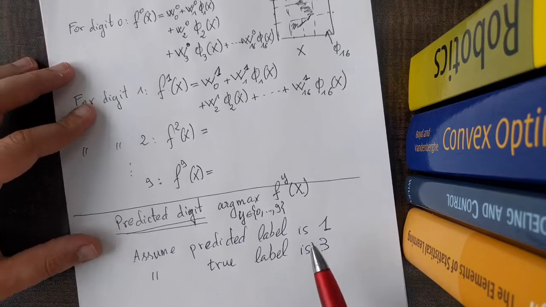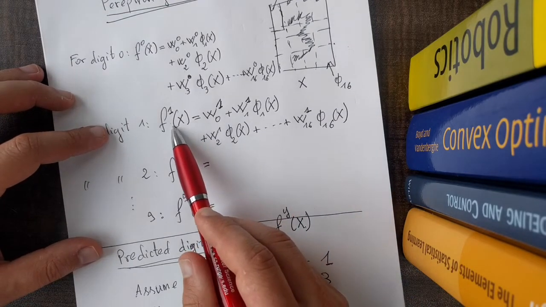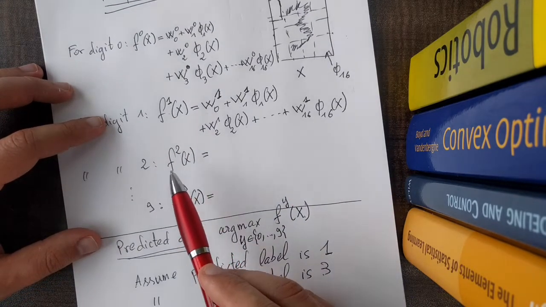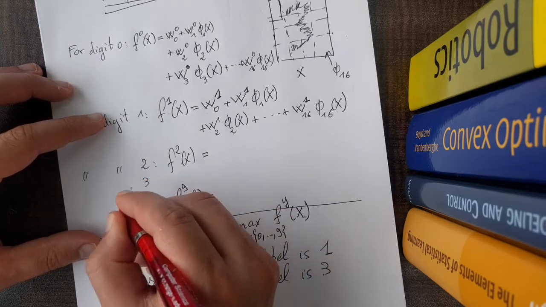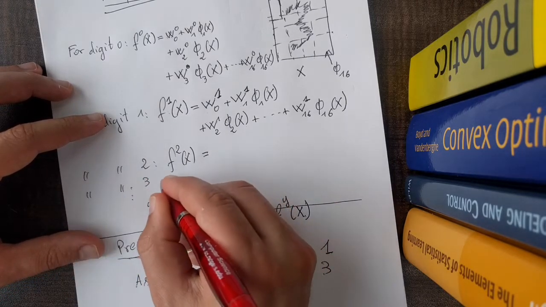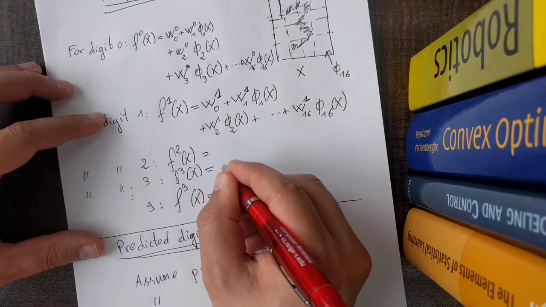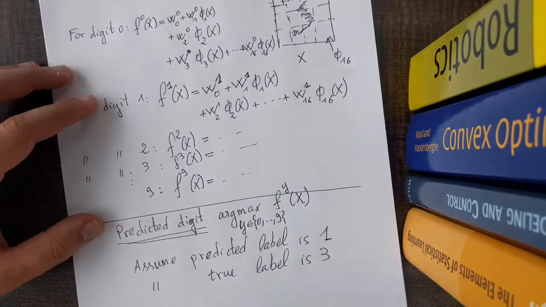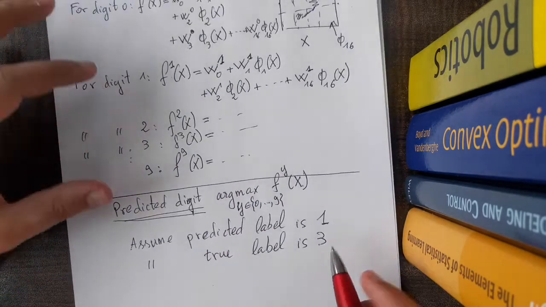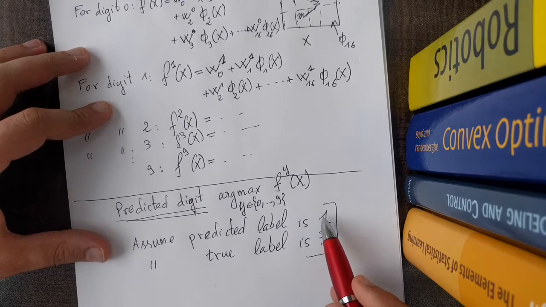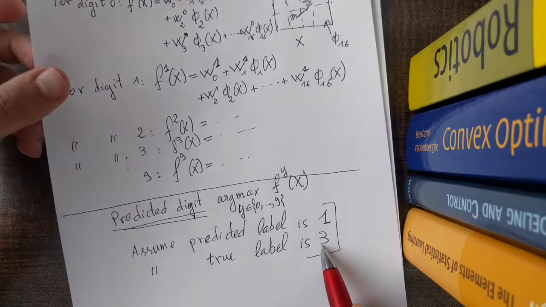So what you do is you need to update the weights associated with 1 and the weights of the perceptron associated with 3. We have for each digit a separate perceptron. So this is what we will do. I will explain. Assume this is a situation where we are predicting 1, but the real label is 3.